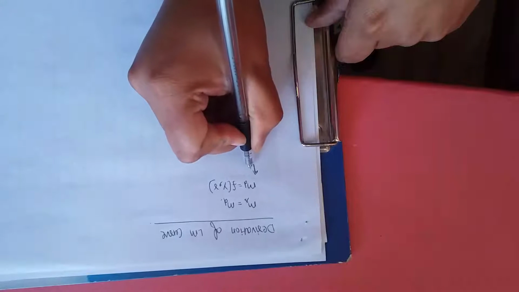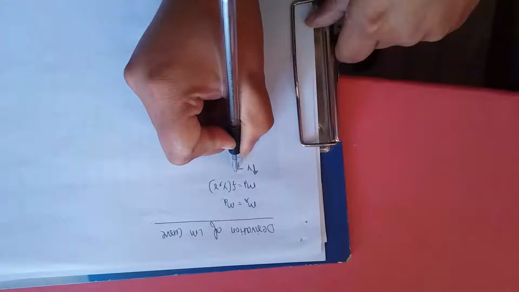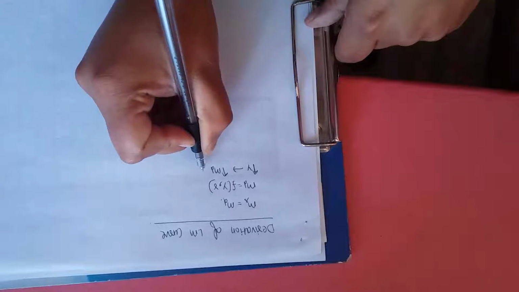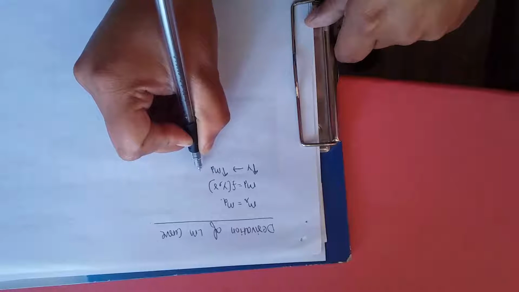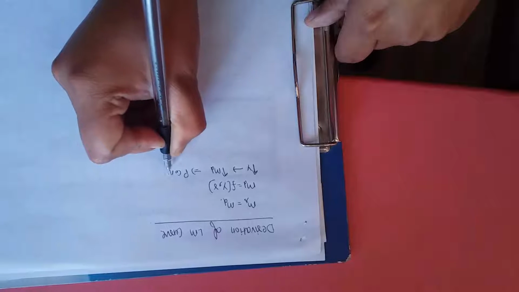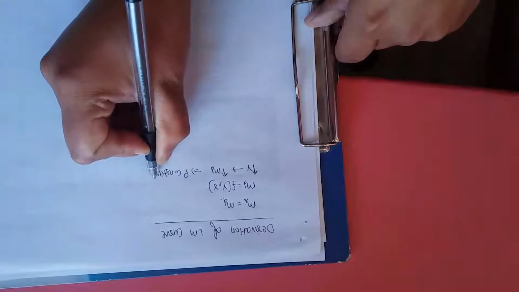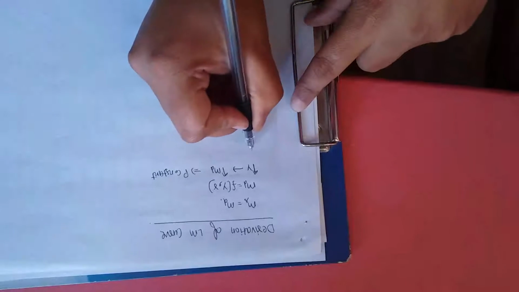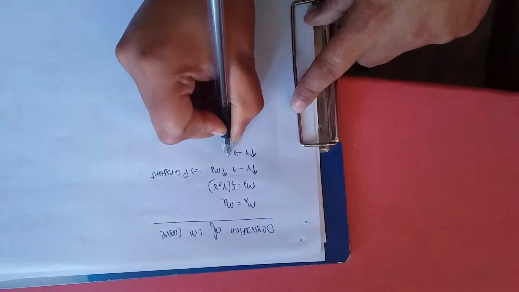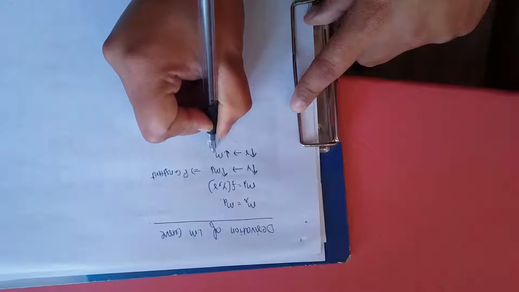If income increases, that leads to an increase in money demand when price is constant.